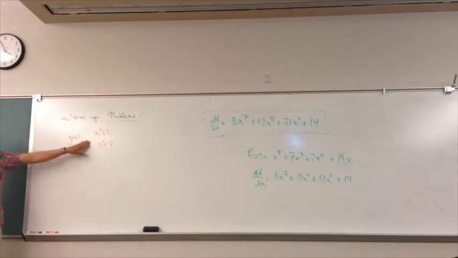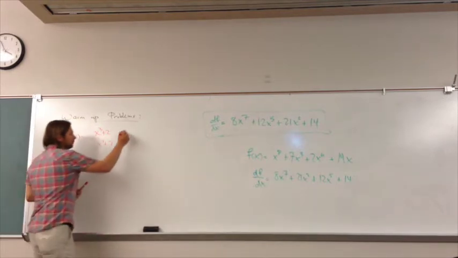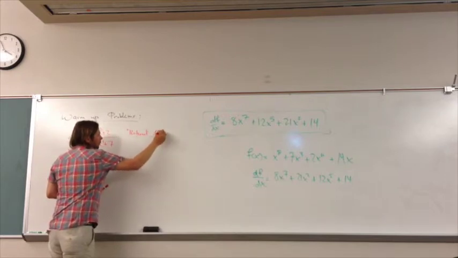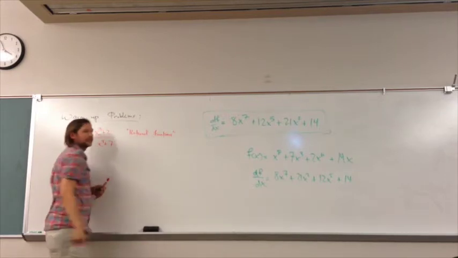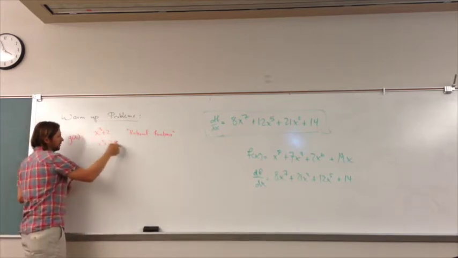What is this called? It's a quotient, or it's a rational function because it's a ratio of polynomials. When are rational functions continuous? Everywhere except when the denominator is 0. Yeah, everywhere except when x to the 4th plus 7 equals 0.